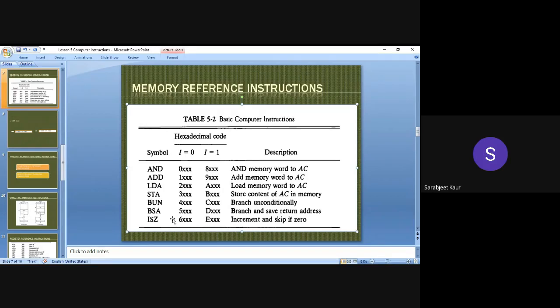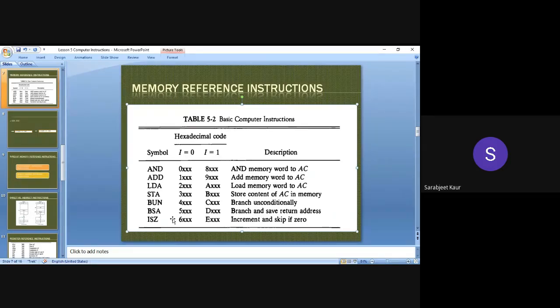BSA means the same thing, except that after we have finished the instructions at the branch-to address, we come back to our original instruction from where we took the branch and start executing the instructions again.